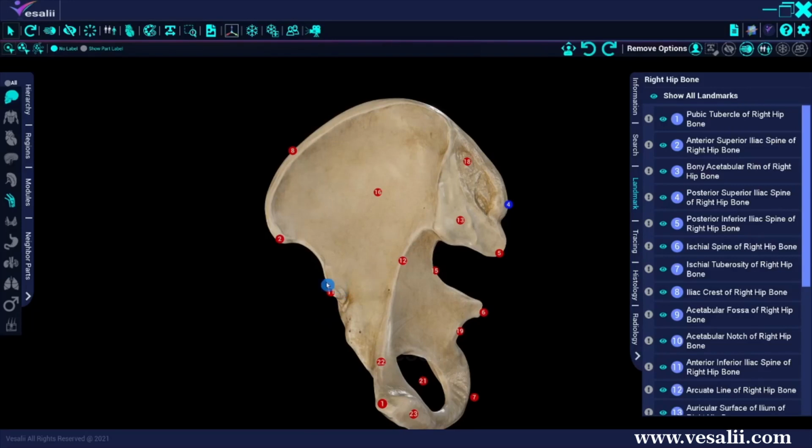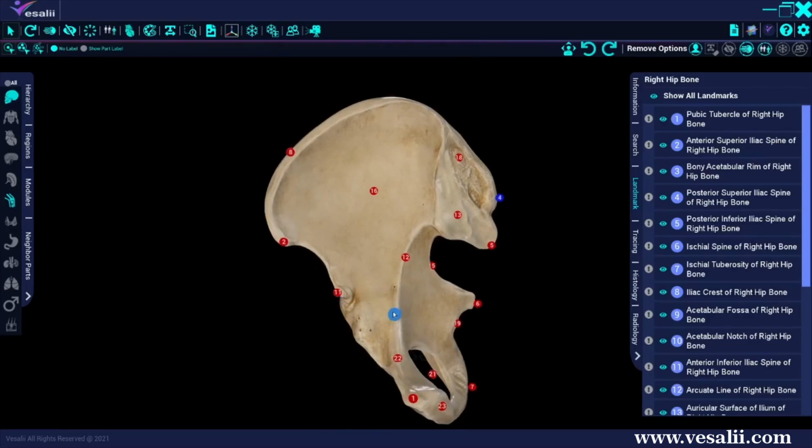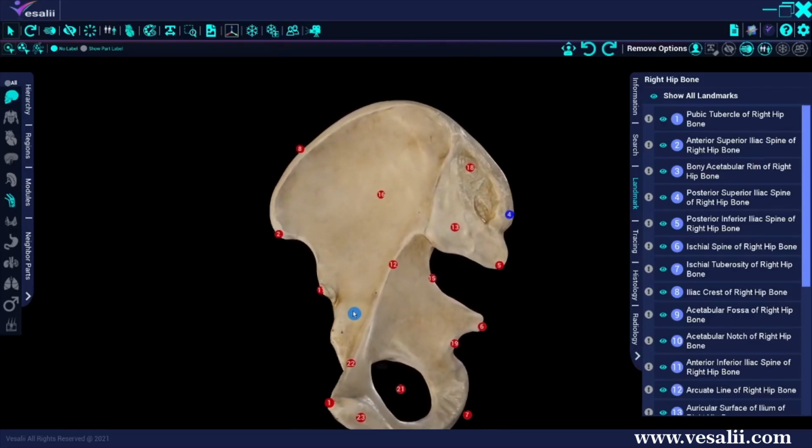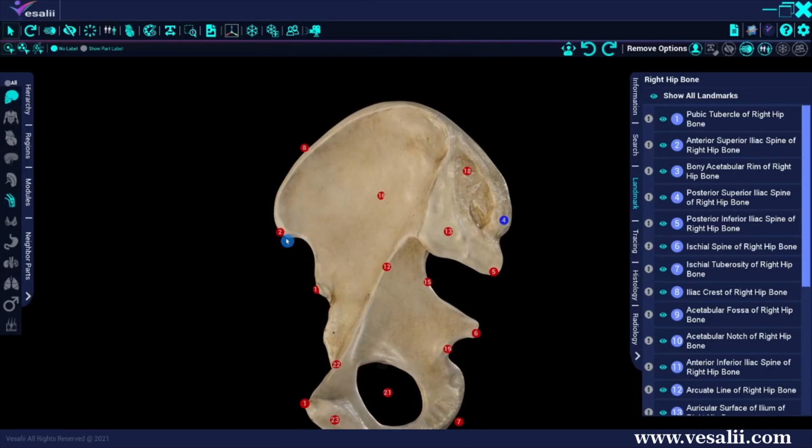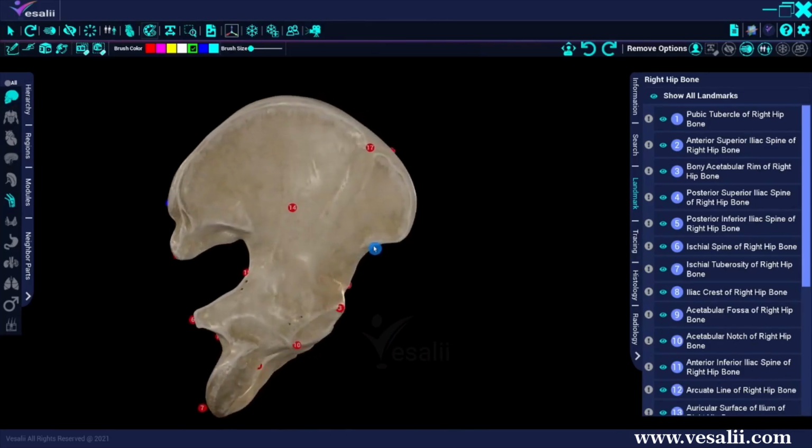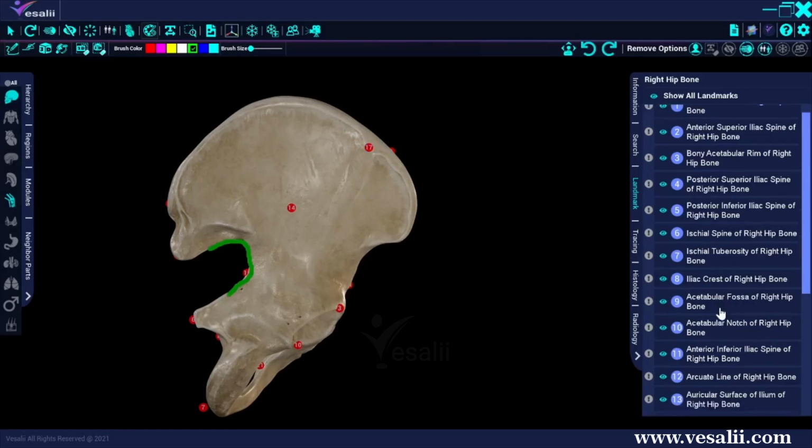Below are the anterior inferior iliac spine and the posterior inferior iliac spine, which are also bony projections located inferior to the anterior superior and posterior superior iliac spines, respectively. The ilium has a large notch known as the greater sciatic notch. The iliac tubercle lies about 5 centimeters behind the anterior superior spine.